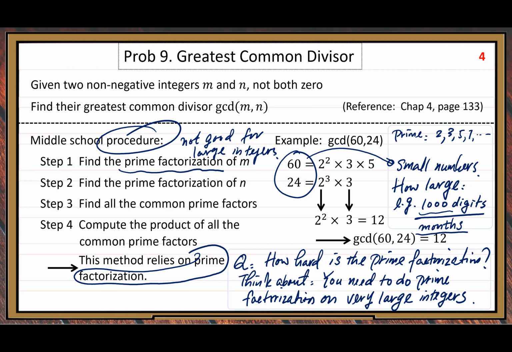So here, our goal is to find the GCD of m and n, both numbers in thousands of digits, and get the answer immediately. That's the goal.